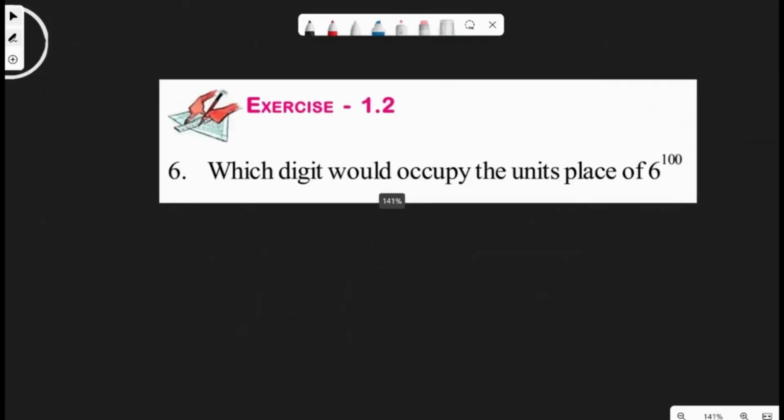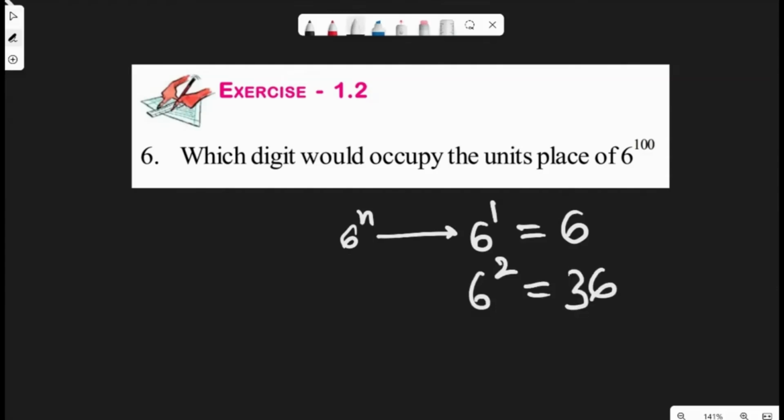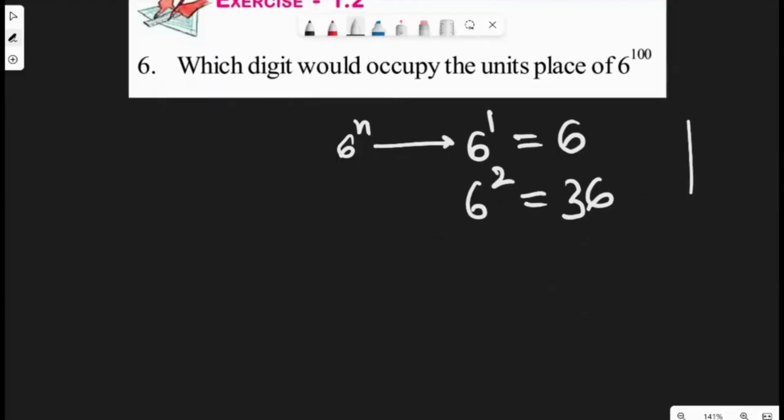Sixth question. The question is, which digit would occupy the units place of 6 power 100? For this sum, let's check the periodicity. So 6 power 1 is 6, and 6 power 2 is 36. Next, 6 power 3 is 216, and so on.